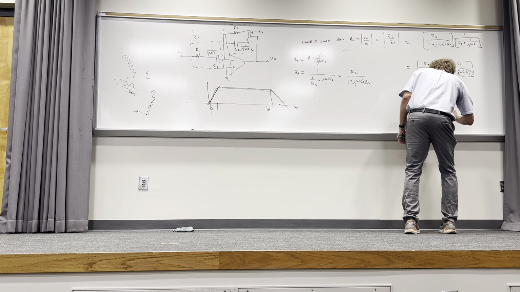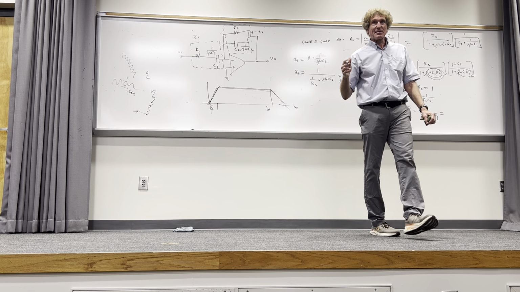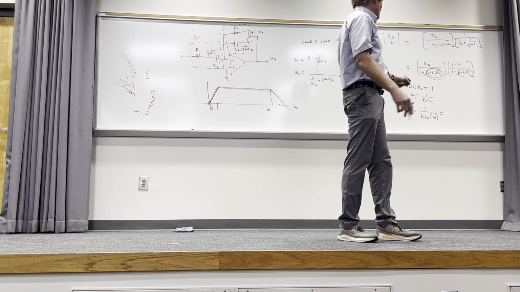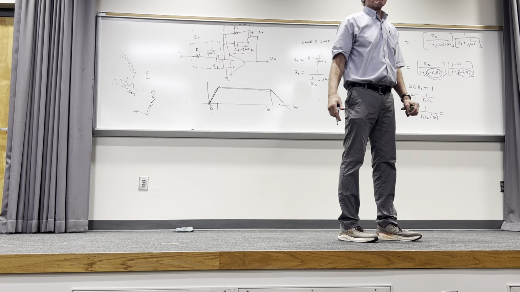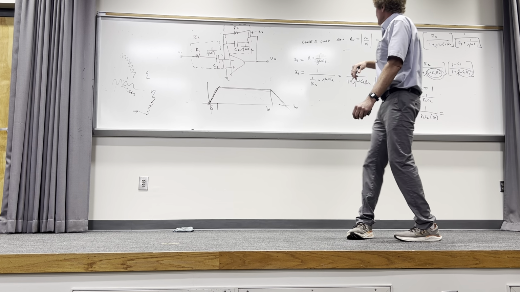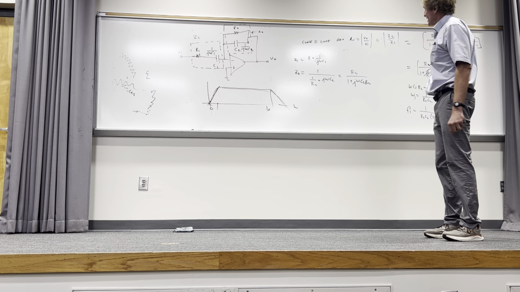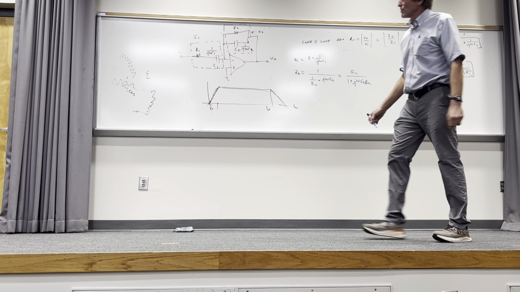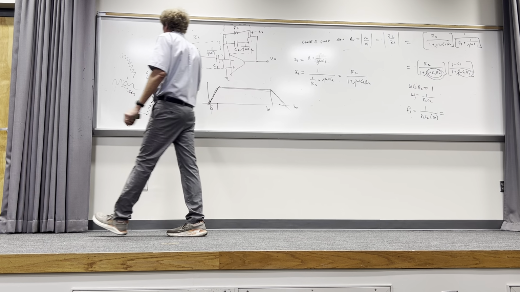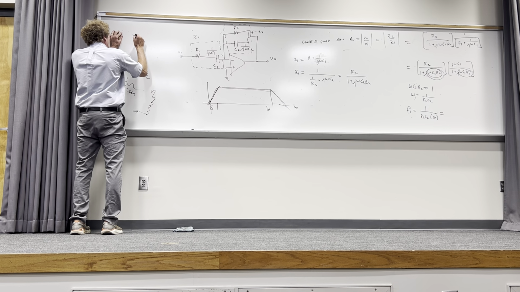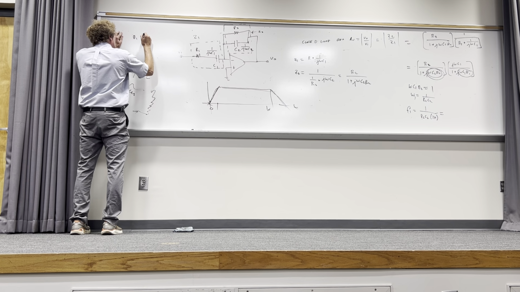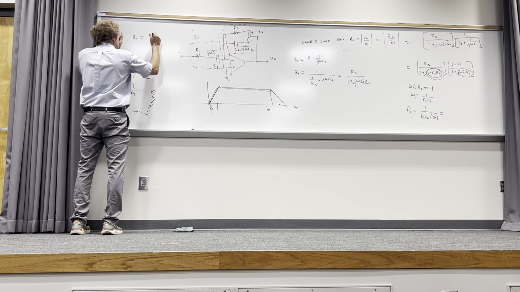Now I'm asking somebody a question. I need somebody to do this for me. Can you tell me what that frequency is? I have R1 and R2 somewhere. Well, maybe I don't, but you have them in your book. We'll put them up here. What is R1? R1 is 5K ohms.